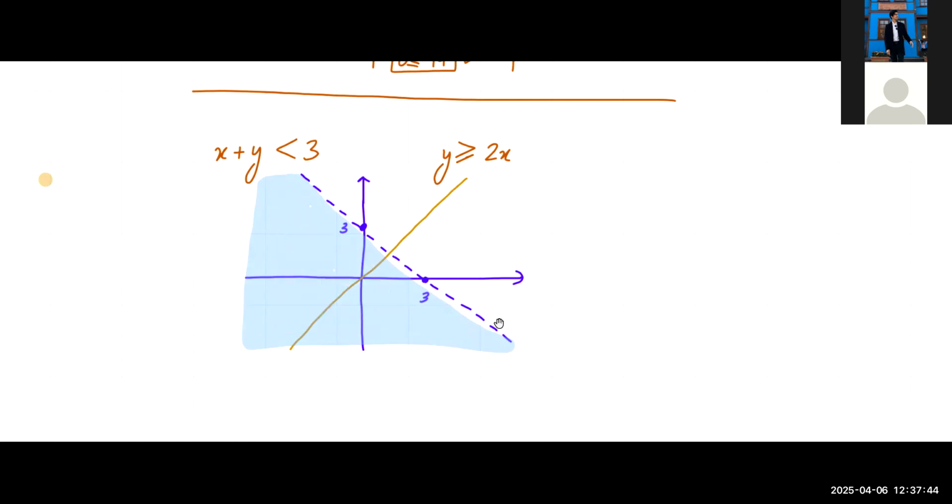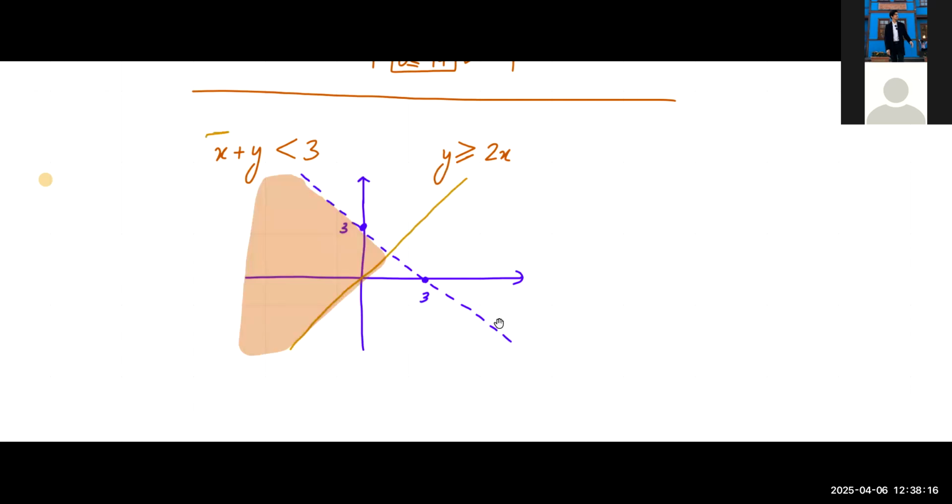And now, for the more than or equal to 2x, we will shade the region that we want, which is above this line. And then look at the overlap. What is the overlap? This part, just this part, right? So this is my final answer. I can pick any point in this region, and this will satisfy both of my inequalities at the same time.